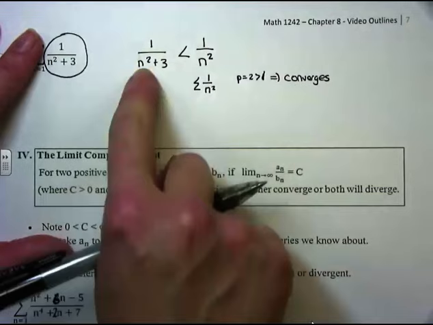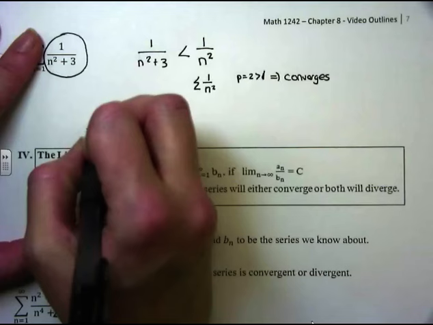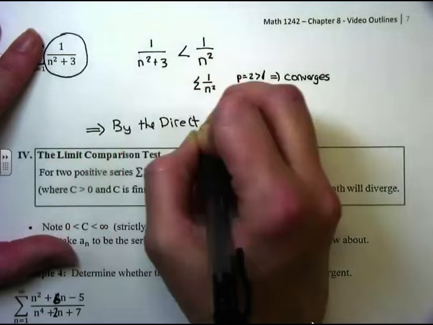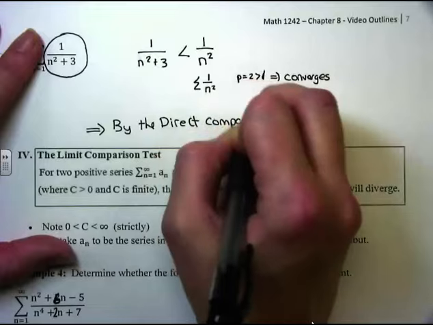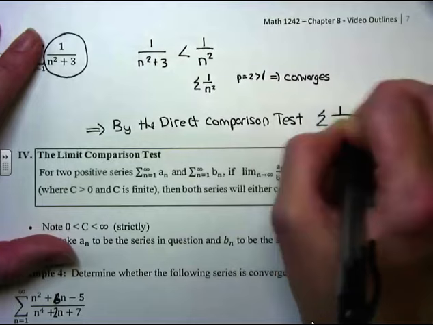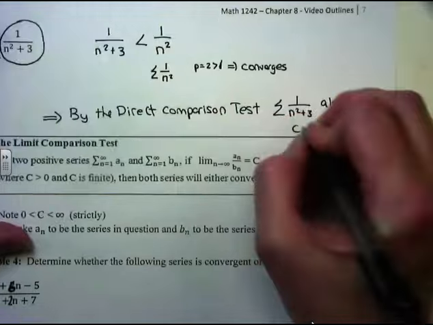My sequence is smaller than a sequence whose series converges, so by the direct comparison test, the series of 1 over n squared plus 3 also converges.